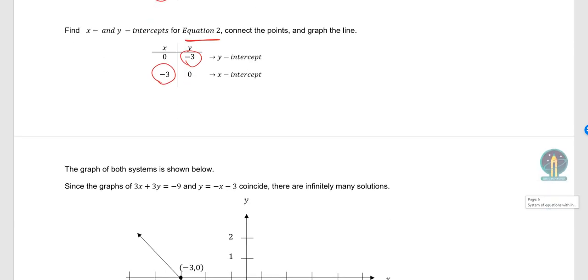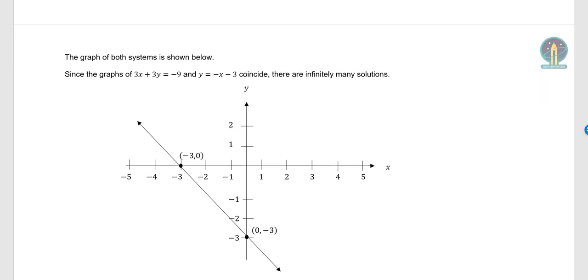And then we graph both equations. You see that both of them have an x-intercept of minus 3, and both of them have a y-intercept of minus 3. So when we connect the two intercepts together, we basically get two lines on top of each other. This is my attempt at showing this as a line.